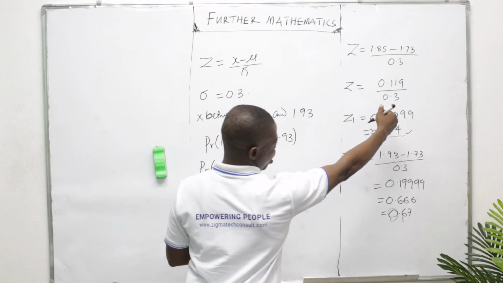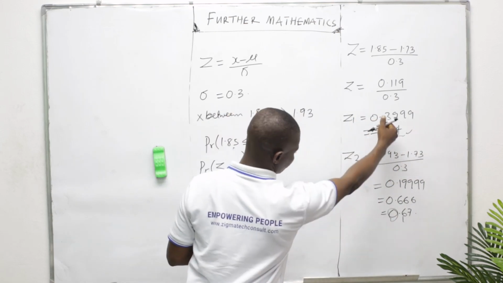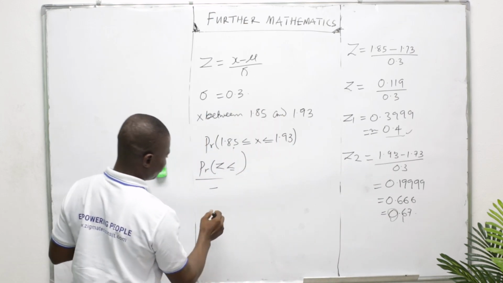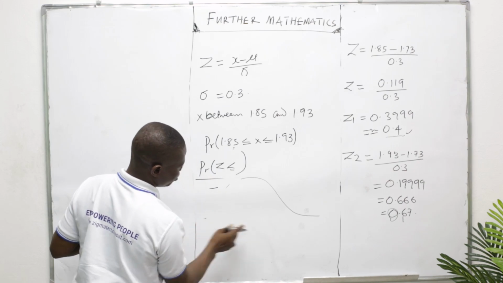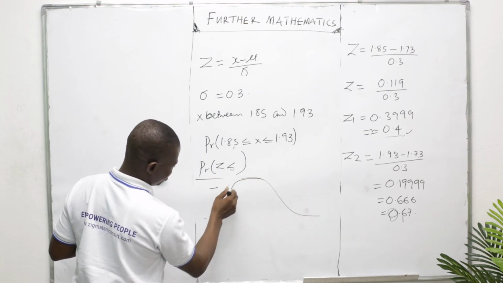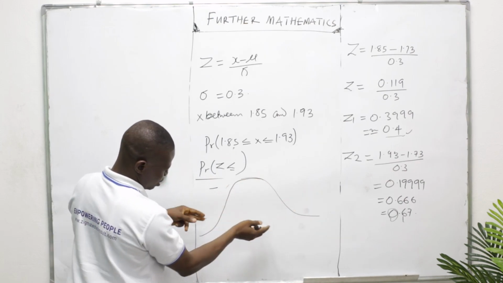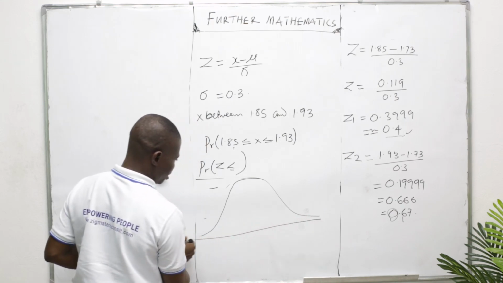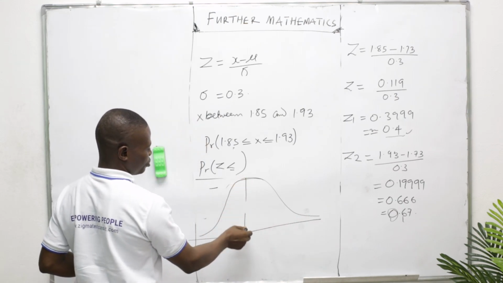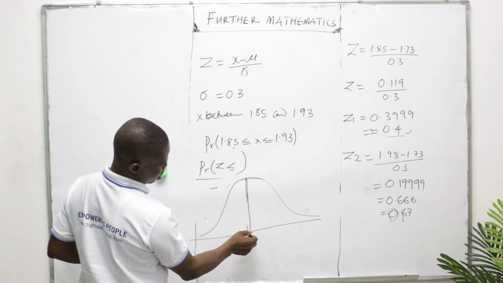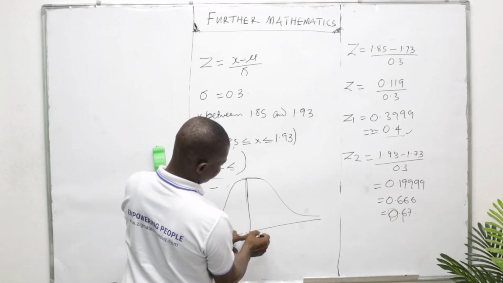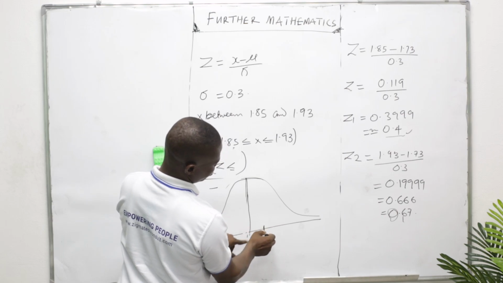So how do you draw your diagram? That bell-shaped diagram is going to look like this. Remember, you have double positive. And remember, the left-hand side is just negative. You are not coming there. The smaller one is 0.4. Let's assume something somewhere here.